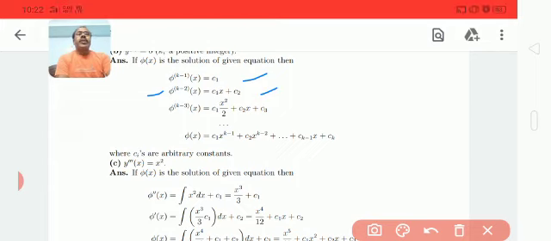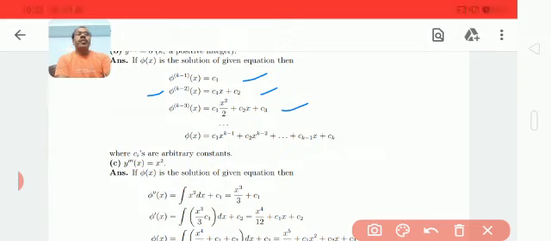So go on integrating like this, you will get the k minus 3rd derivative of phi is equal to c1 into the integration of x, which is x square by 2, plus integration of c2, which is c2 into x, plus constant of integration.